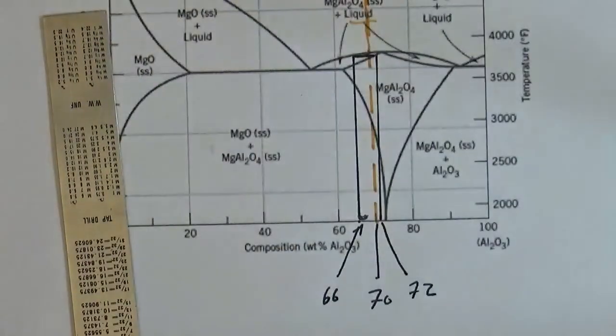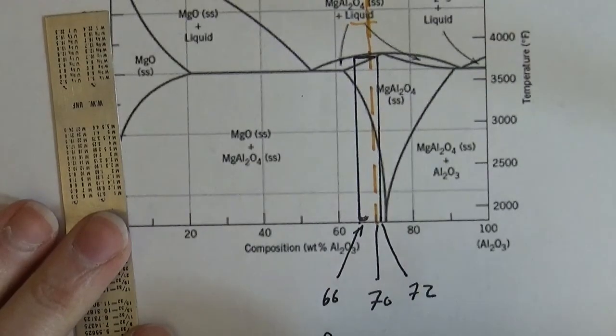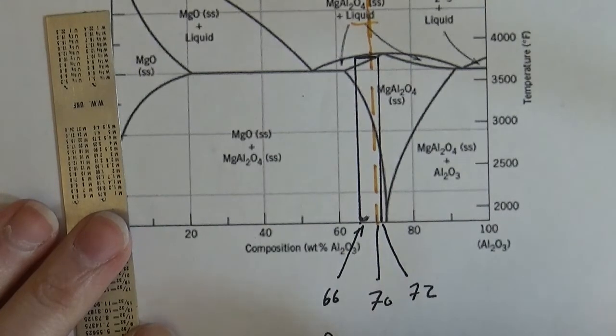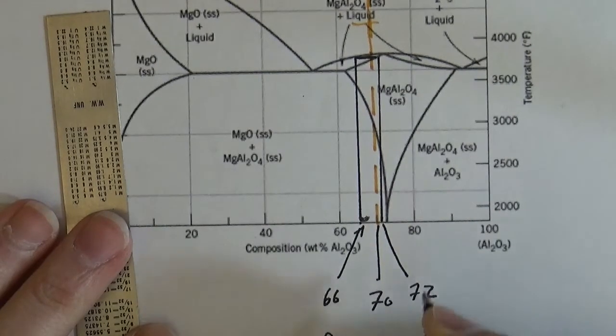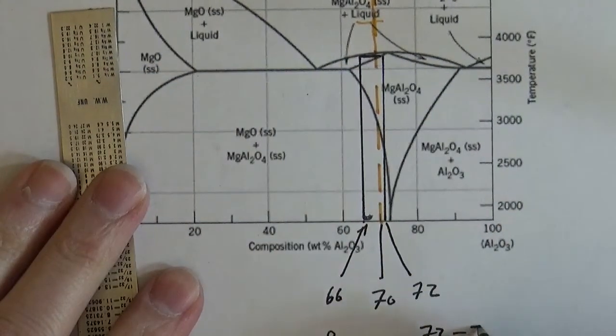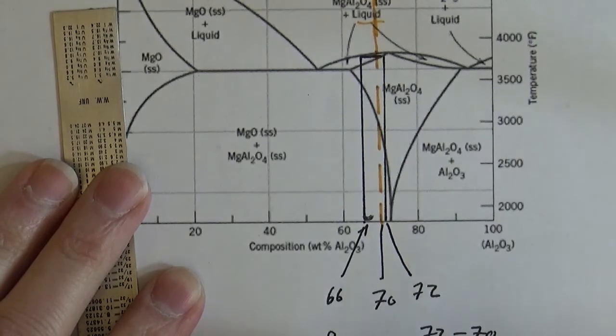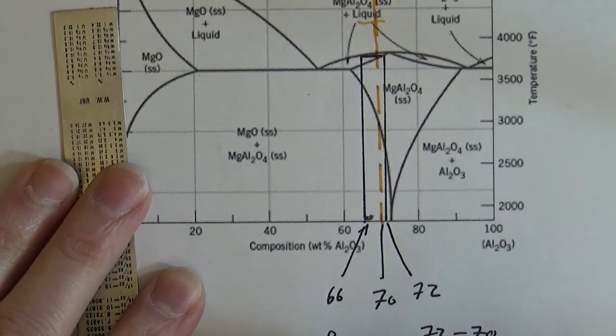So if we ask ourselves, what's the fraction of MgAl2O4? Well, that would come from 72 minus 70 divided by 72 minus 66. Whoops, sorry, that's the fraction of liquid.